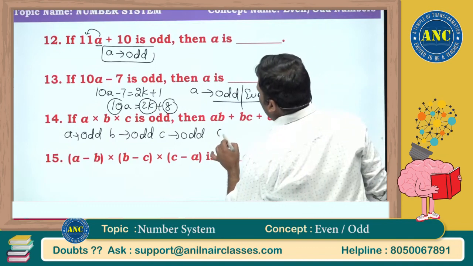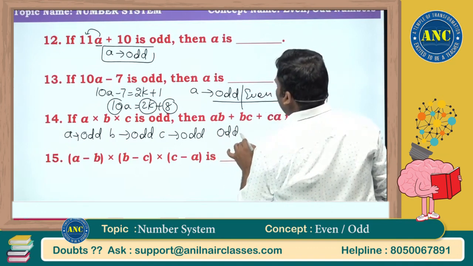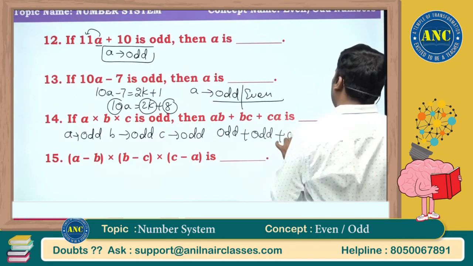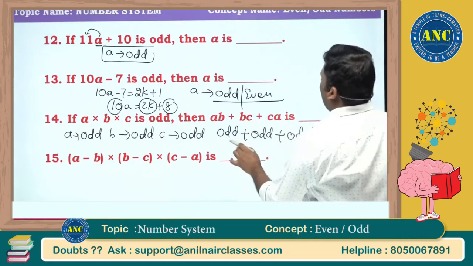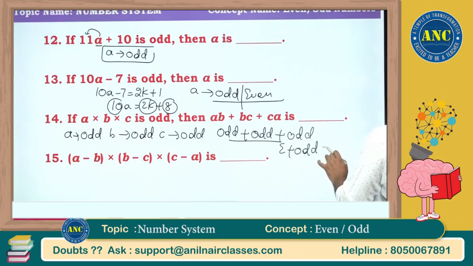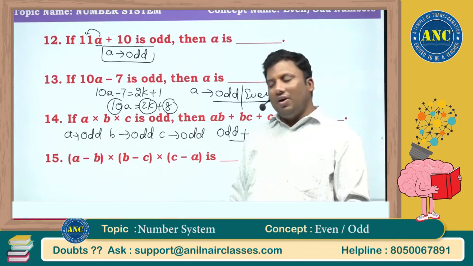So AB, odd into odd is odd. BC, odd into odd is odd. AC, odd into odd is odd. Odd plus odd is even. Even plus odd is an odd number. Answer, it is an odd number. Are you all with me?